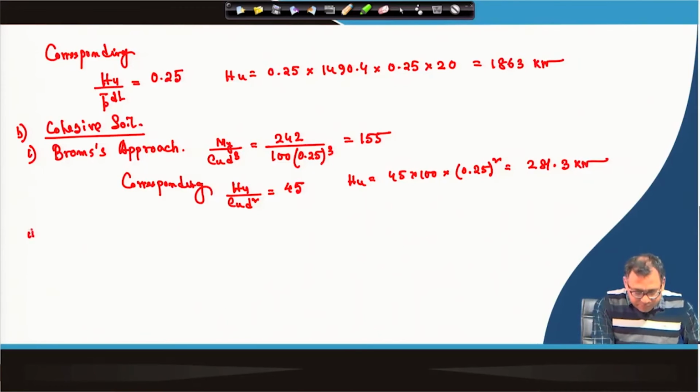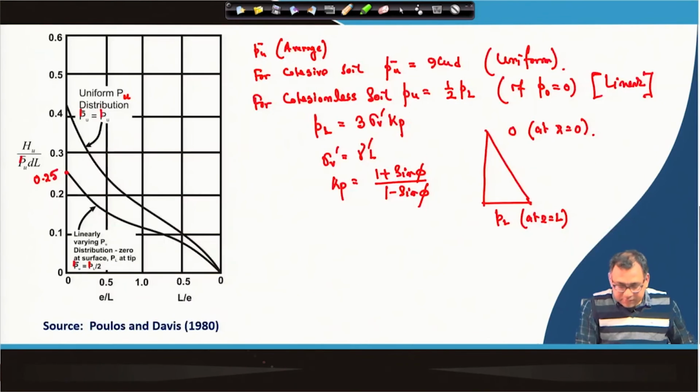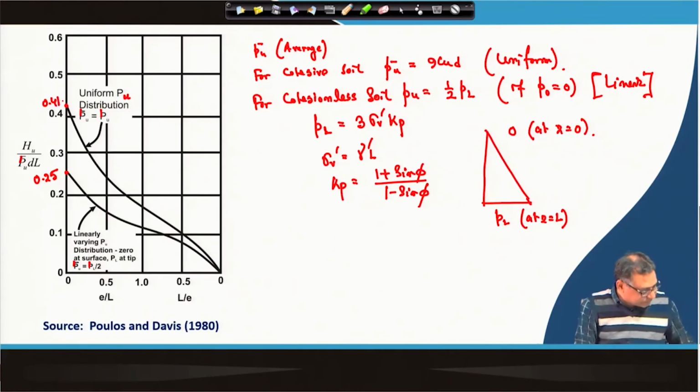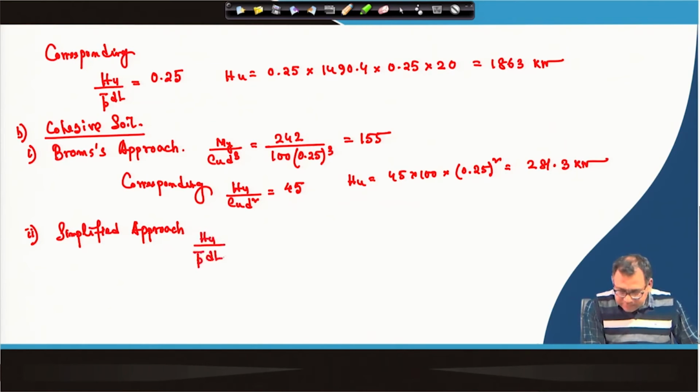Now, by the simplified approach, again the chart for uniform, because it is now cohesive soil with uniform distribution. This value will be around, for e equal to 0, around 0.41. Okay. So, Hu by Pu bar d L is equal to 0.41.